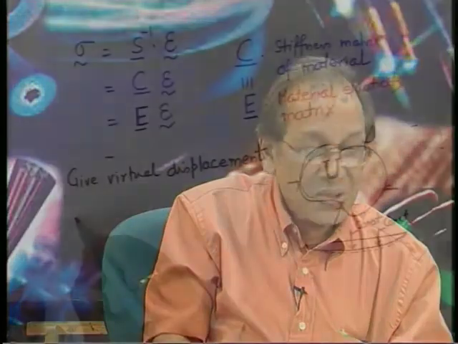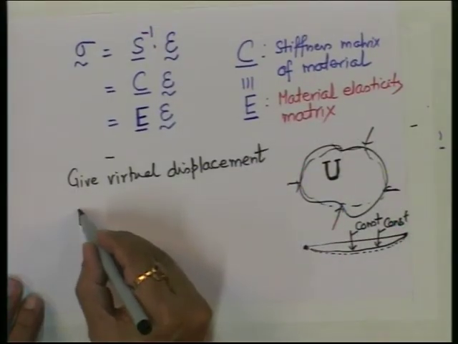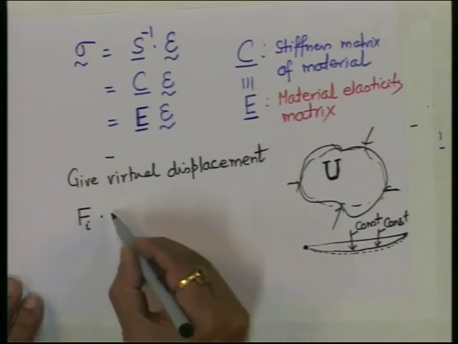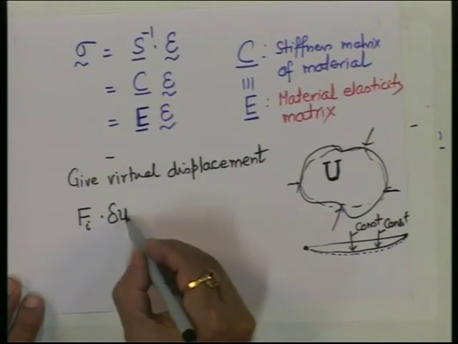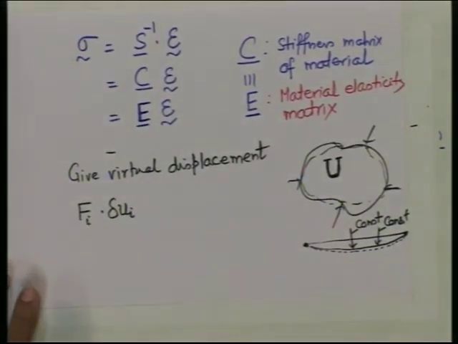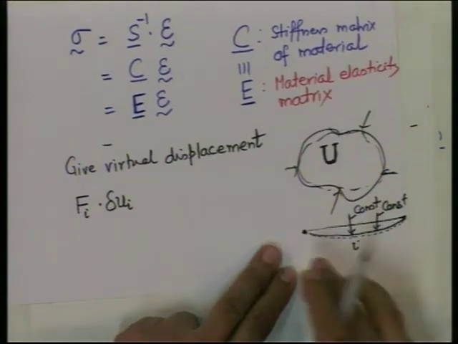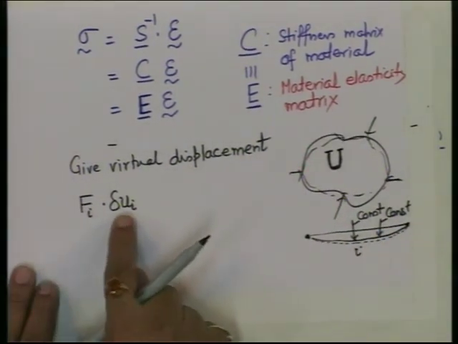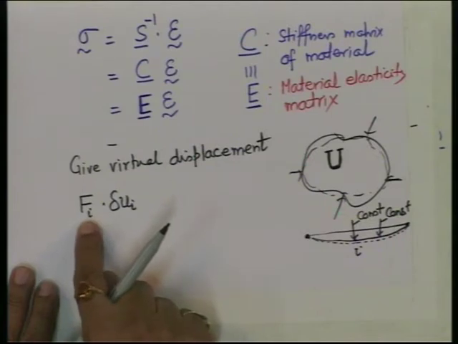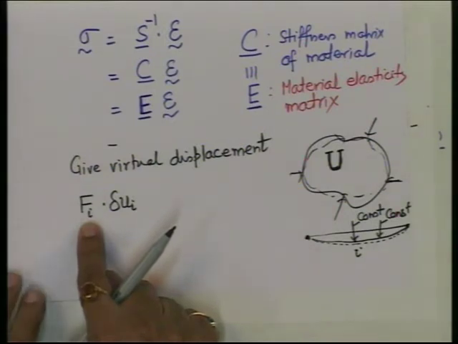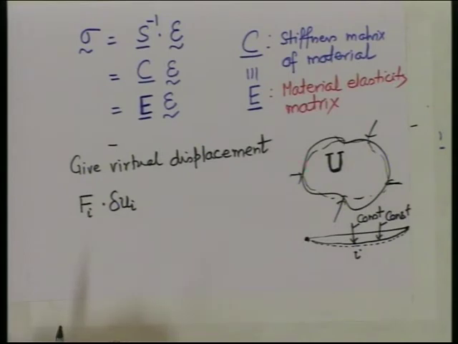The forces F, multiplied by a very small change u i, do some work at all these points i, j, etc. I multiply the small change in displacement by the forces, and the forces remain the same during that small displacement. That is the work done, which we call virtual work done by external forces.